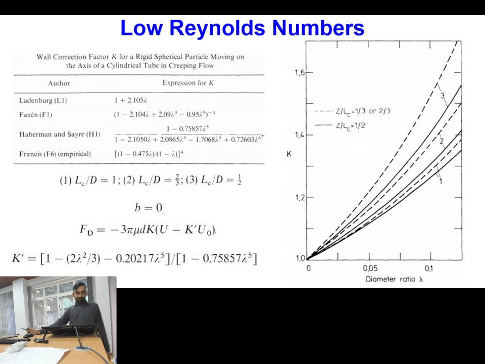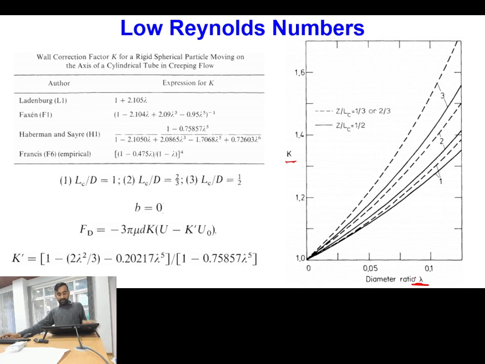Similarly, you can see more expressions for k. Now here, earlier the value of lambda was fixed. Now you are considering the effect of lambda, which means considering the effect of the diameter of the particle and the diameter of the tube confinement. So depending upon that you can have different relations.